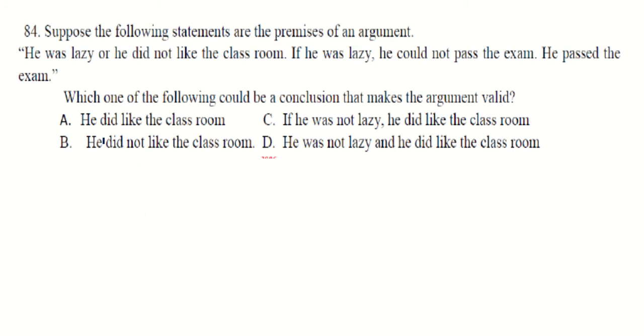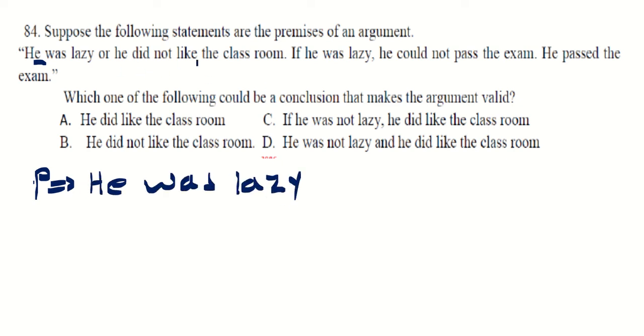The next question. Suppose the following statements are premises of an argument. He was lazy or he did not like the classroom. If he was lazy, he couldn't pass the exam. So there are three logical statements here. P: he was lazy. Q: he did not like the classroom.